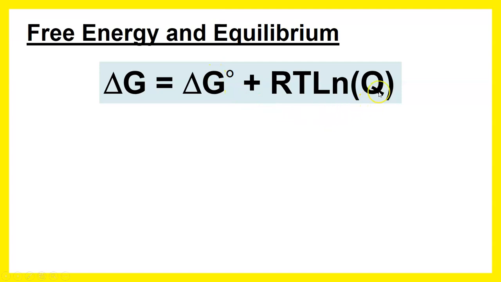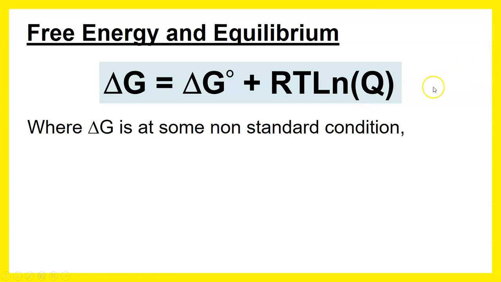And then you can see here, what is Q? Q is similar to our equilibrium value, right? But it's what we actually have when we've dumped our chemicals into the beaker. Not what it would be when we're finally at equilibrium, but what we're currently at when we've dumped those things together.